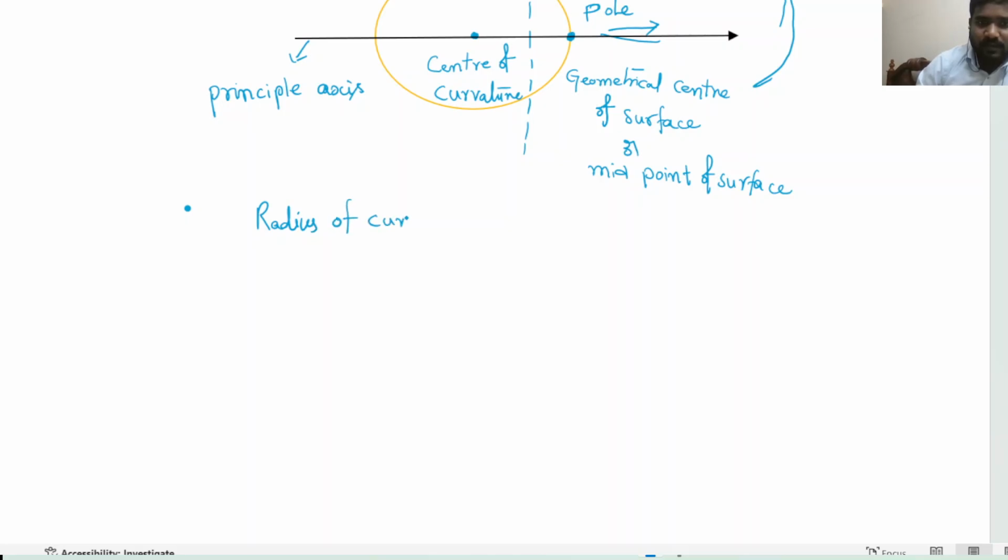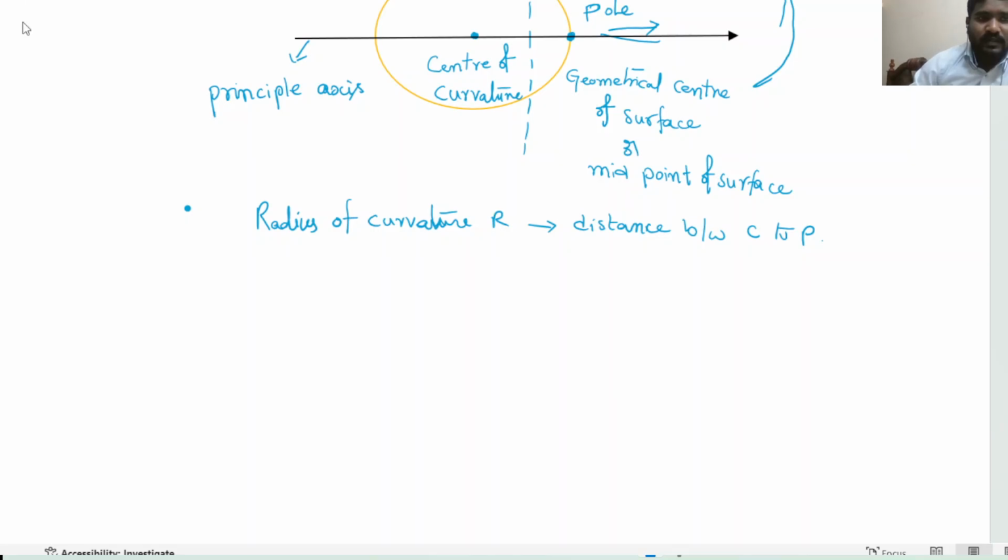Radius of curvature is denoted with R. It is just the distance between the center of curvature and pole.